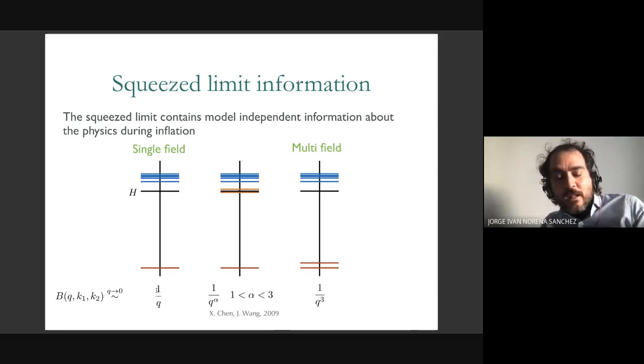Of course, when you constrain local non-Gaussianity, which has a similar type of divergence as multi-field inflation, but away from the squeeze limit, it's a bit artificial in the sense you can easily write a multi-field model which can give you a completely different three-point function from the local non-Gaussianity away from the squeeze limit. So the model-independent information is in the squeeze limit. It's in this divergence. So we are looking for this divergence.